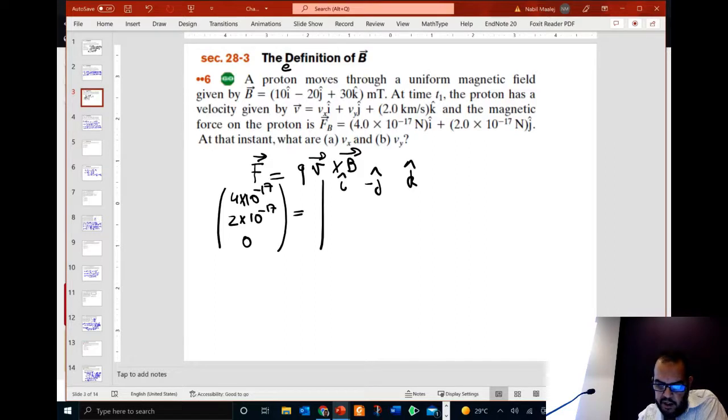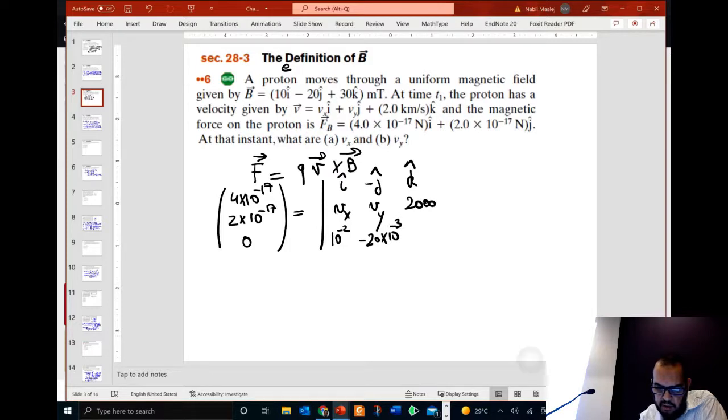Okay, and let's write the first vector, v. So this is Vx, Vy, and Vz is 2000 meters per second. The second vector is B. So this is 10 to the minus 2, and minus 20, 10 to the minus 3.